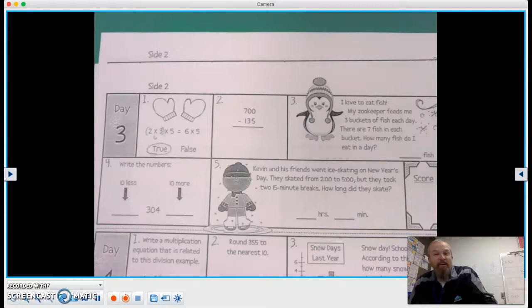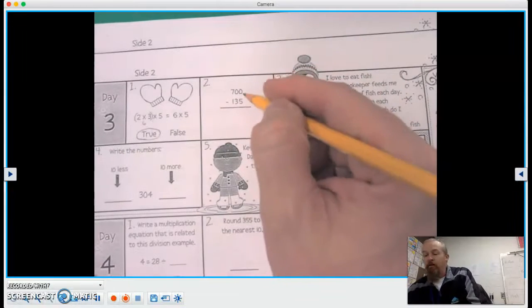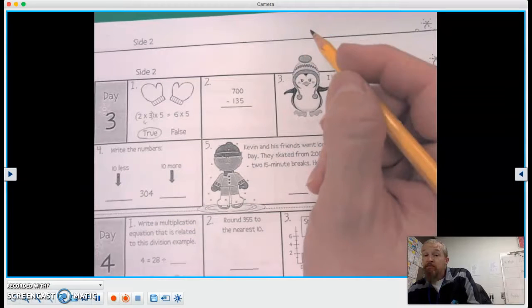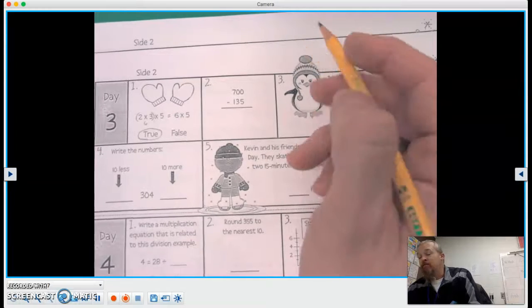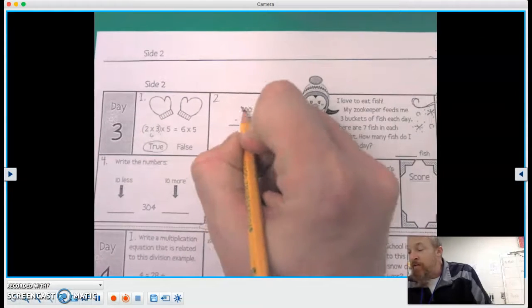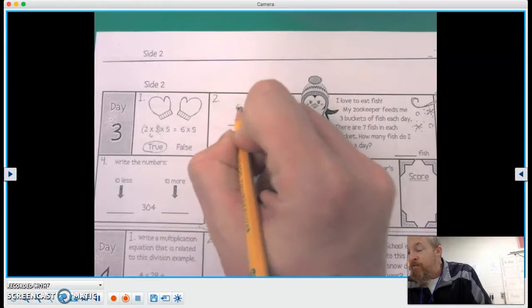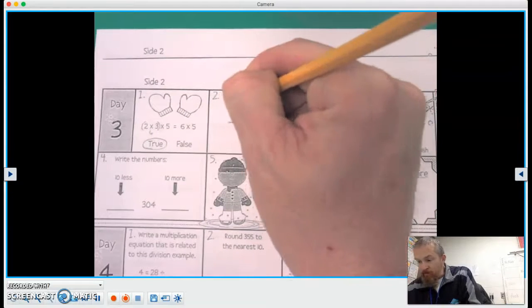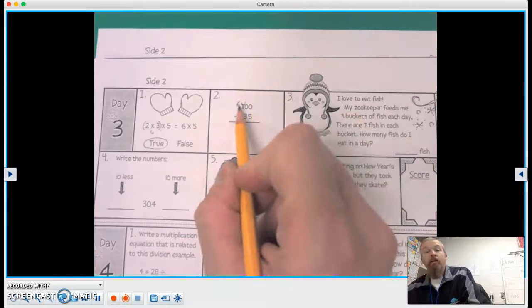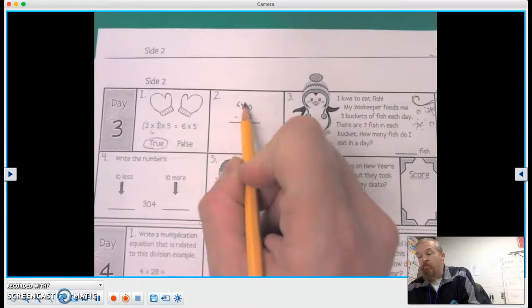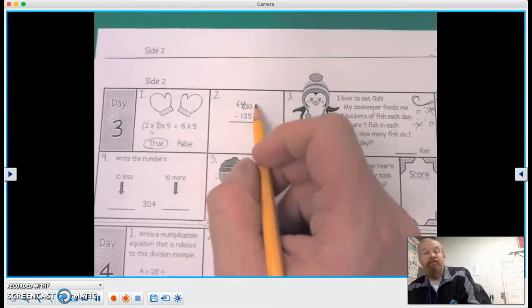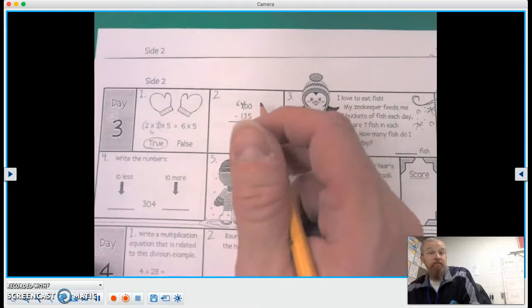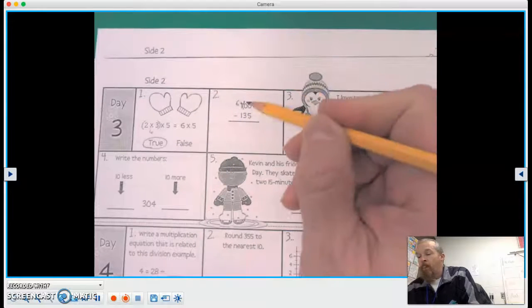700 minus 135. So here we go. Across zeros. Okay, across zeros, we're going to have to cross off that 7 and turn it into a 6. Which now we bring the 100 to the tens column, which we now have 10 tens, which is the same as 100.